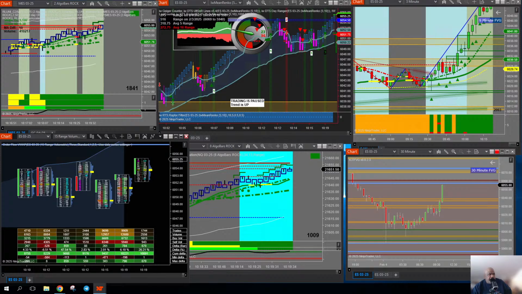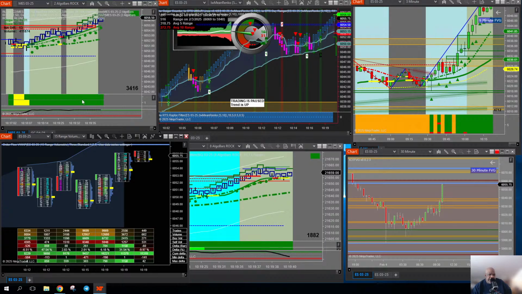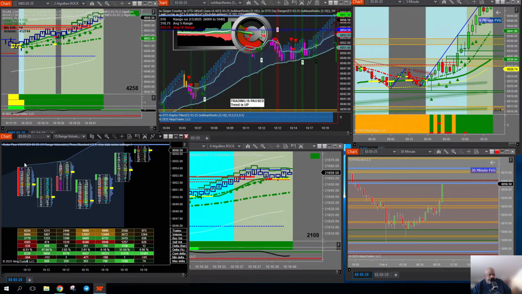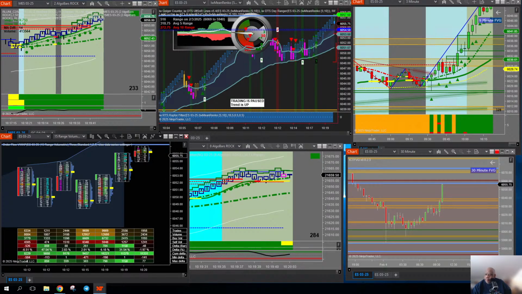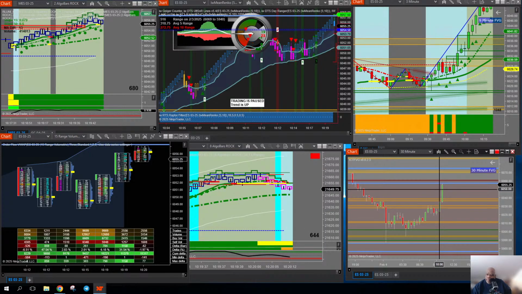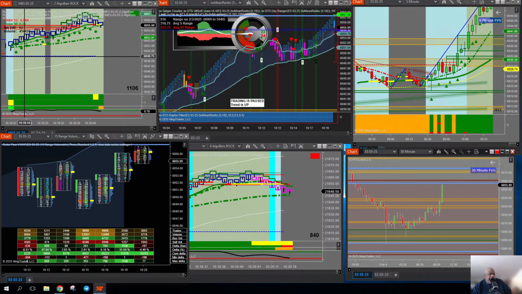Just looking at this here, now they want to go higher. They want to push higher now. But at some point, we should expect a pullback, and we're still within that overnight range also.